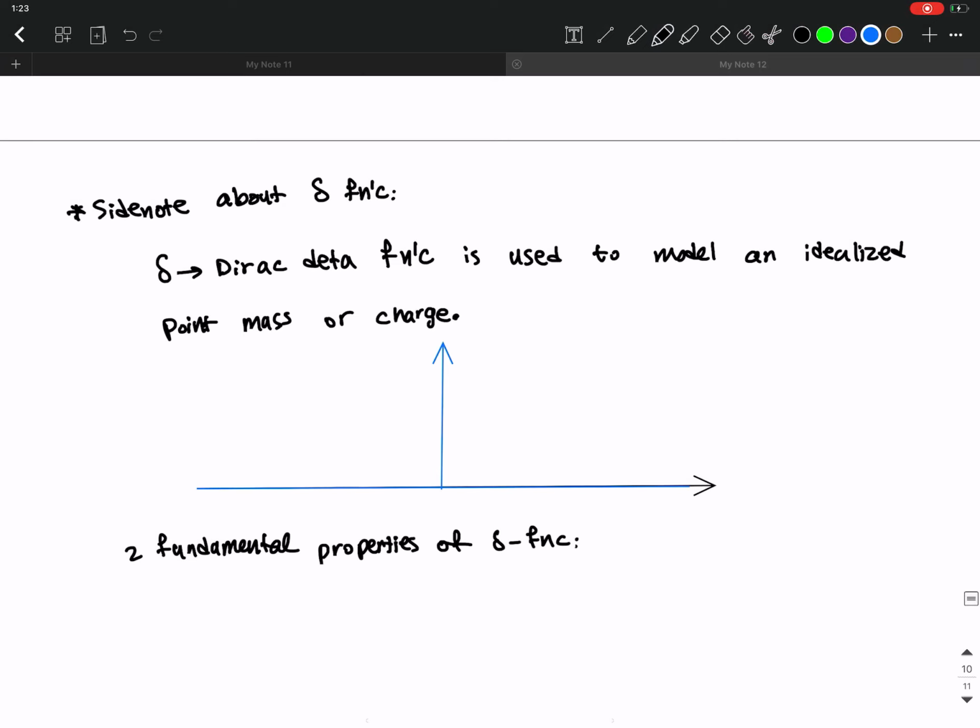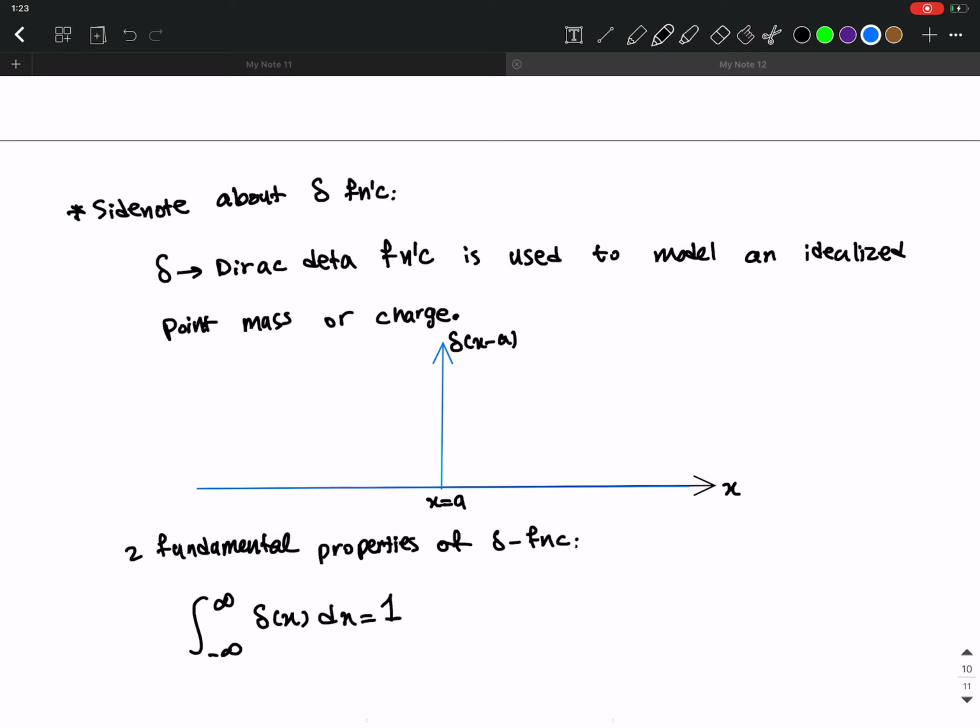So the first one: if this is x, and this is, for example, x equals a, this is going to be delta of x minus a. One property is that the integral from minus infinity to infinity of delta(x) dx is 1.